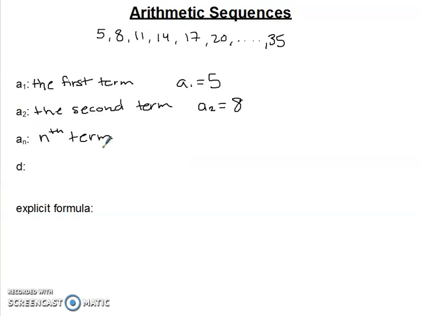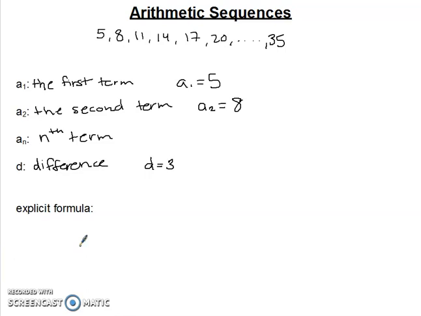But I'm going to take us through the explicit formula in a moment, which will help us find that nth term. d, in arithmetic sequences only, is our common difference, meaning it's the number that we are adding or subtracting repeatedly to get from one term to the next in our arithmetic sequence. So in here, we are adding 3, so our common difference is a positive 3.